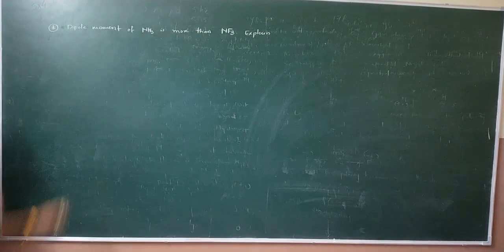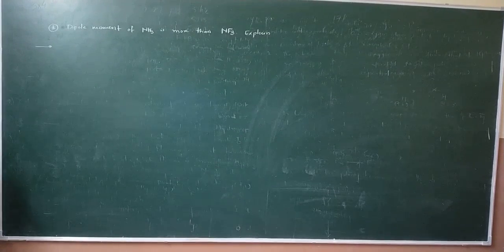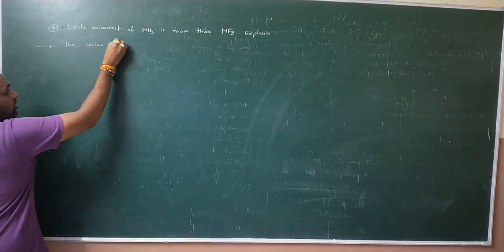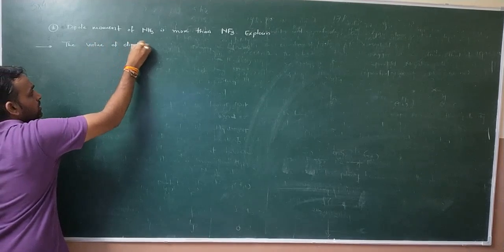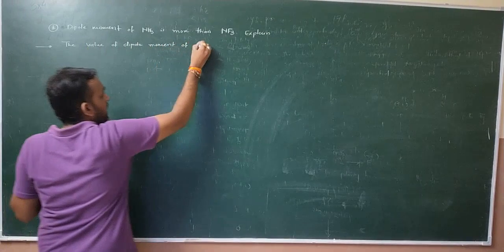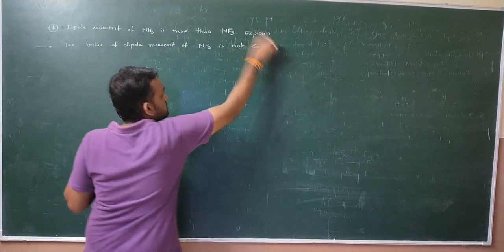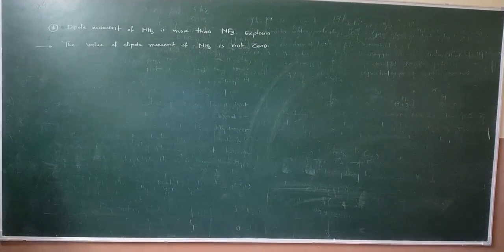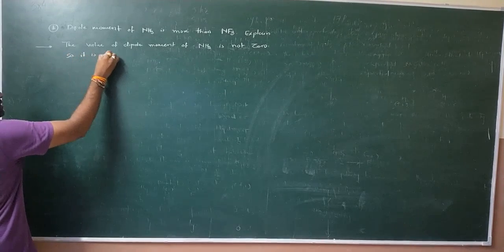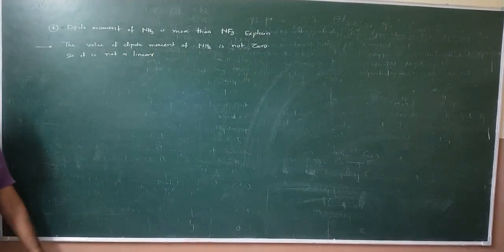So let us see. First of all, I can say that the value of the dipole moment of ammonia is not zero. Why? Because it is not linear.